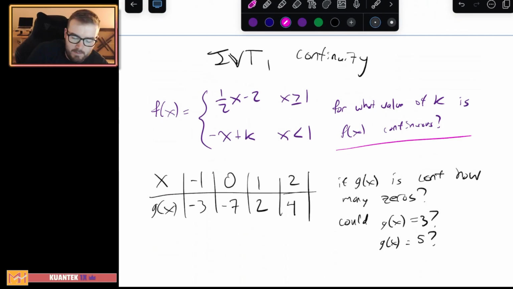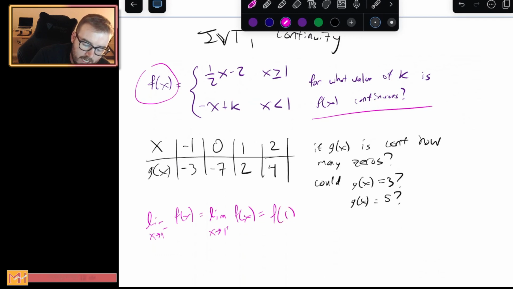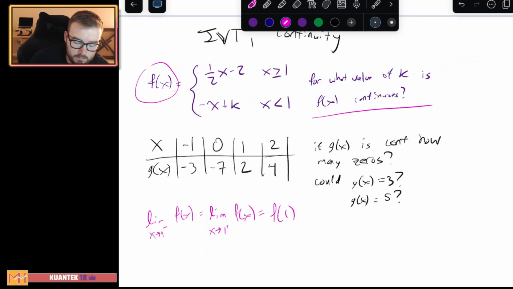So, what does it mean to be continuous? Remind yourself. So, here's f. The limit as x approaches 1 from the left needs to equal the limit as x approaches 1 from the right, which also needs to equal f of 1, right?